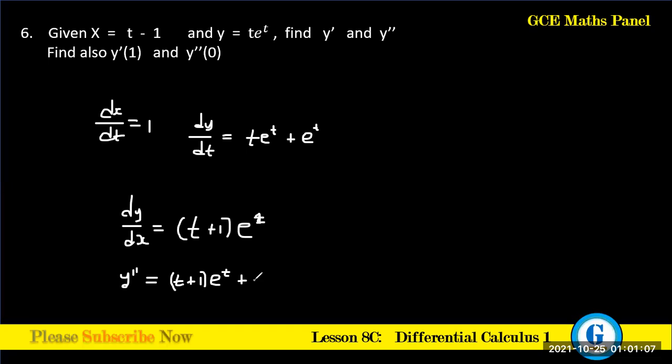We differentiate the first. So what will be the end result here? We have (t plus 2) e to the t.